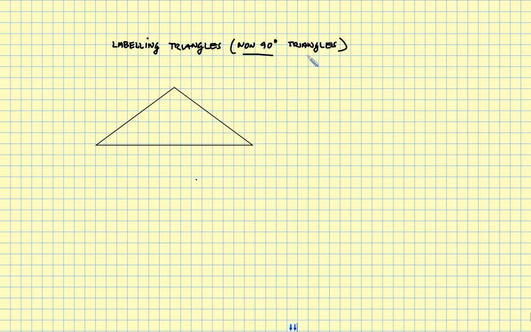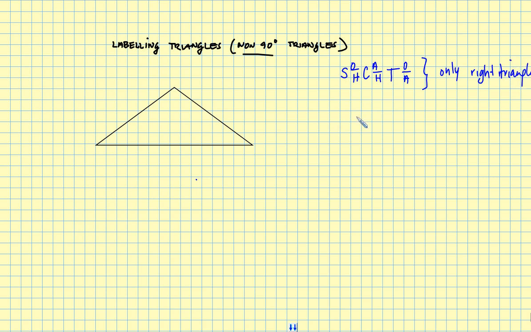So from now on, anything we talk about will be dealing with non-90 degree triangles. SOHCAHTOA can no longer be used for non-90 degree angles. It's only for right triangles, or 90 degree angle triangles.